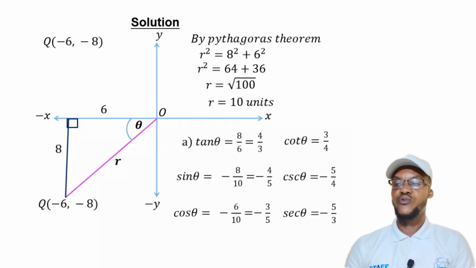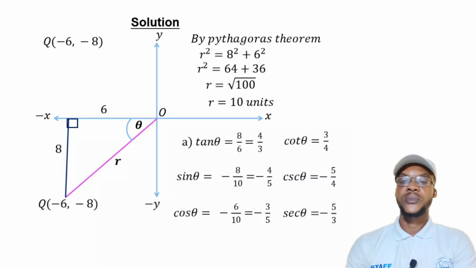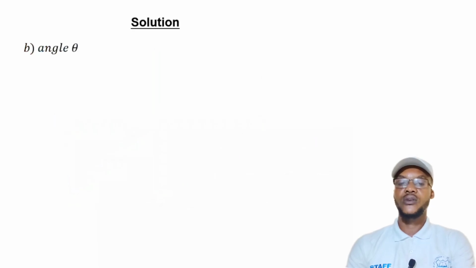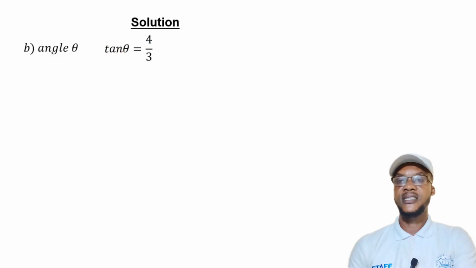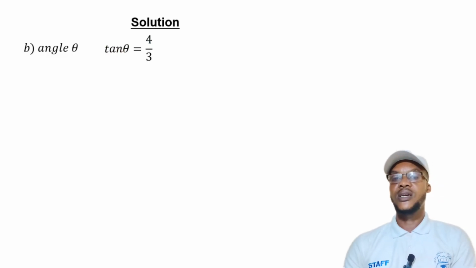So once we are able to go through all this, then let's go to the other part of the question. In question B, we are to find angle theta. Since we are playing in the home of tangent, let's use tangent. We said that tan theta is equal to 4 on 3. So finding the angle is very, very easy. All that you do is take the arctangent of both sides.